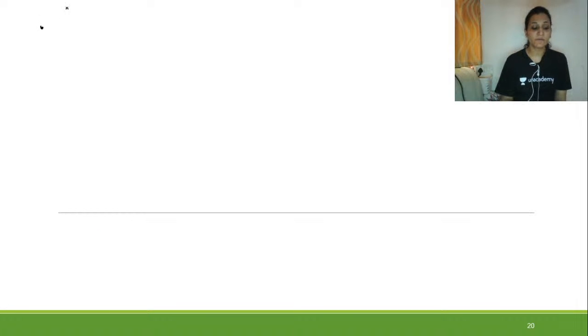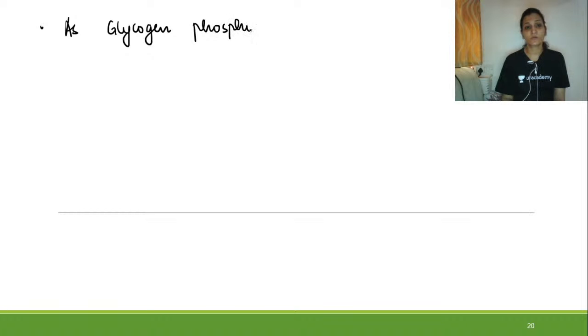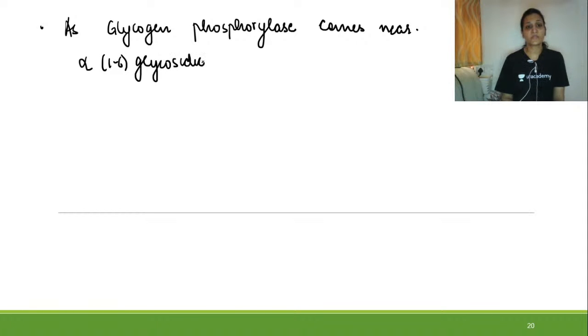So as glycogen phosphorylase comes near the alpha 1,6 glycosidic linkage, its action stops.